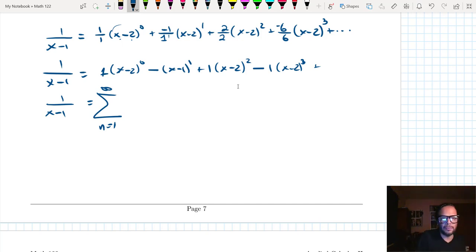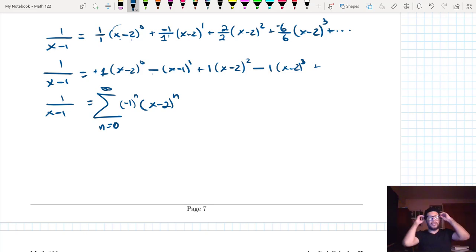I need you to see the pattern: x minus 2 to the n. Well, that's kind of obvious because that's where the center of the series is located. But look at this alternating plus minus plus minus. That requires one of those so-called alternating factors.